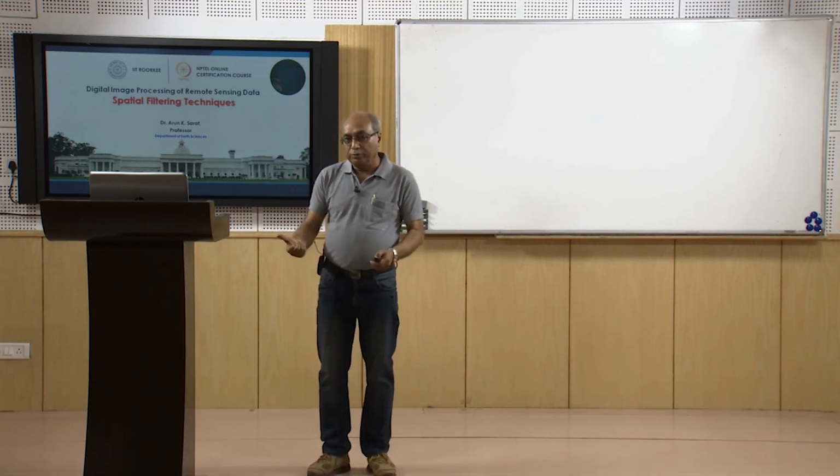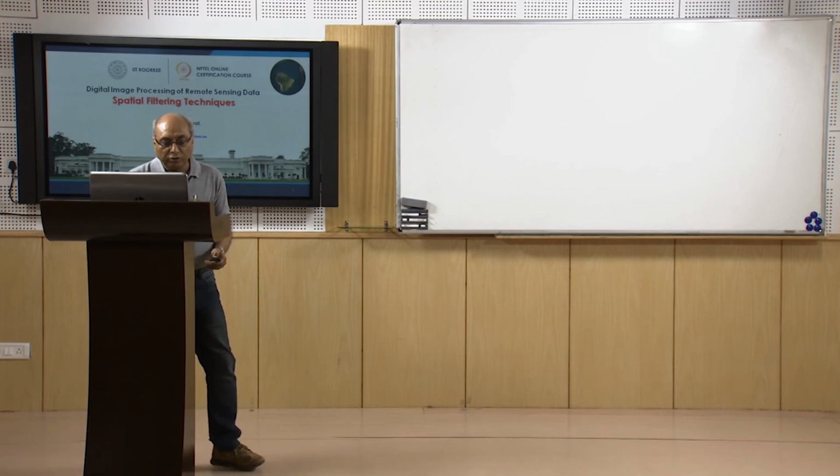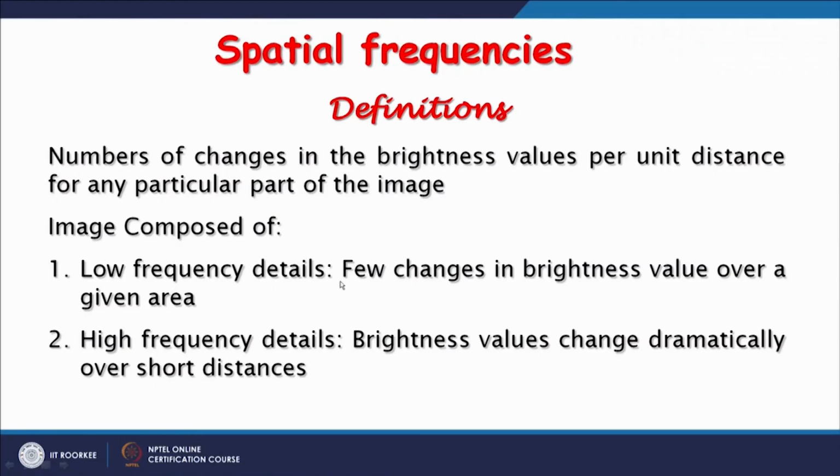These numbers have to be odd, because the center pixel is the target pixel for which the new pixel value is calculated. In the case of low frequency details, there are few changes in brightness values over a given area. That area looks very smooth, but regional features can be picked up very easily in images having low frequency details.